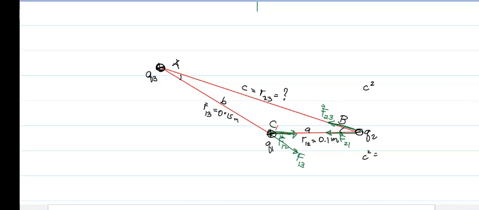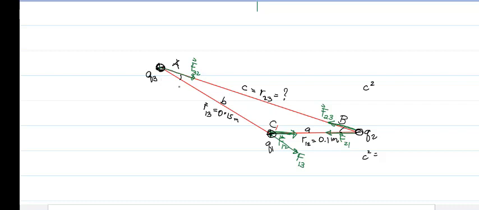And then how about for Q3? If you're asked to determine the net force on Q3 due to the presence of Q1 and Q2, check again the direction between charges 3 and 2. This is attractive. If this is your point of origin now, since your focus is charge 3, the direction should be towards Q2 since this is attractive. In this direction, this is F32, meaning the force experienced by charge 3 due to charge 2.